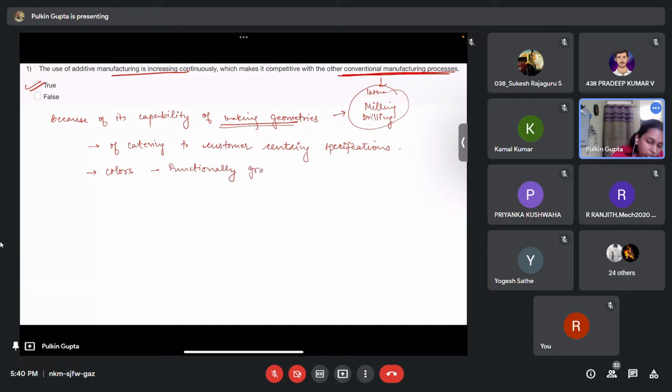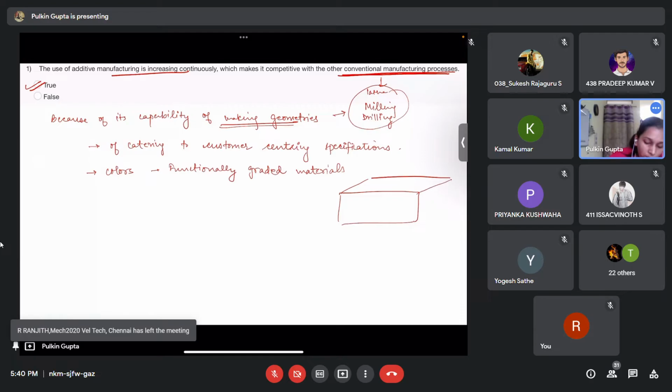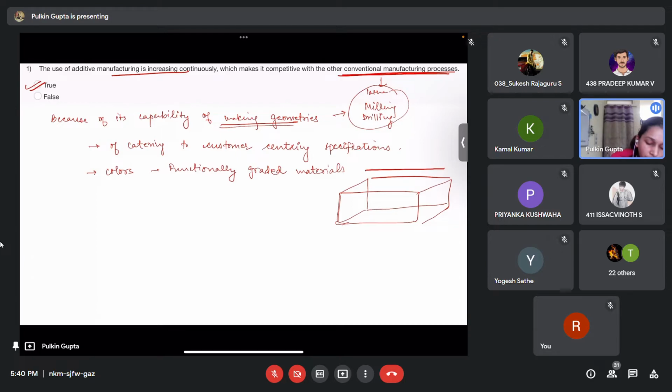So we can tune the printing cycle in such a way that we have variation of properties along the length of the body. So suppose this is your 3D printed cuboid, we can impart certain printing parameters such that it has a variation in properties along the Z direction, along the print direction, or any of the other directions as well.